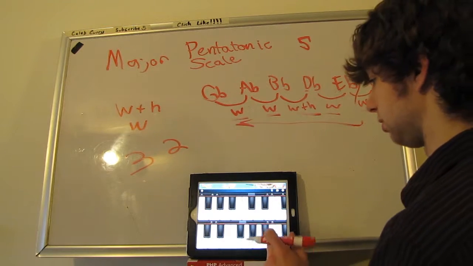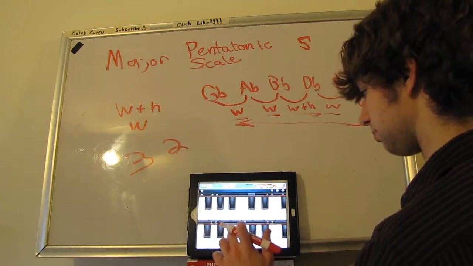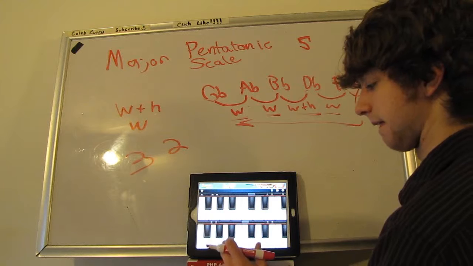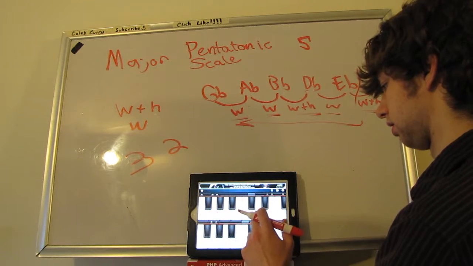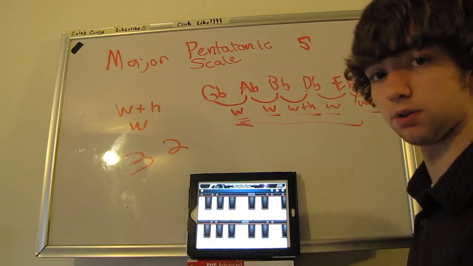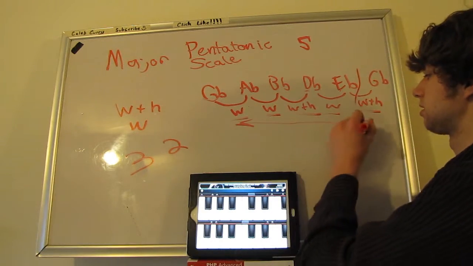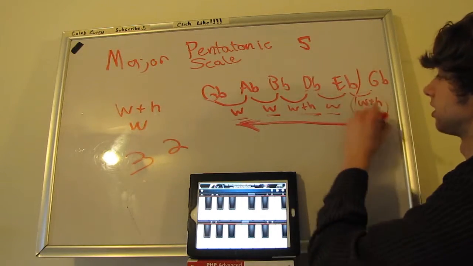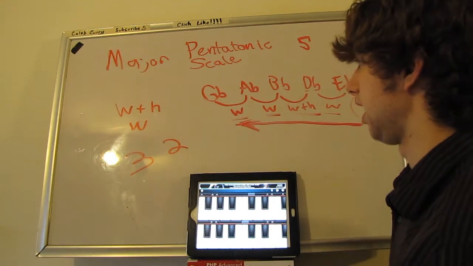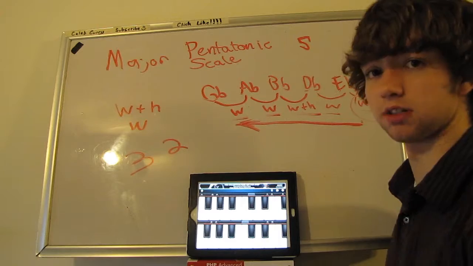But you don't have to, you can keep going up the scale. For example, see what I'm saying? Basically, these are the patterns. This is the pattern to get back to the tonic, and that is the major pentatonic scale.